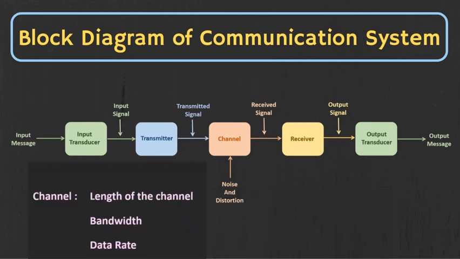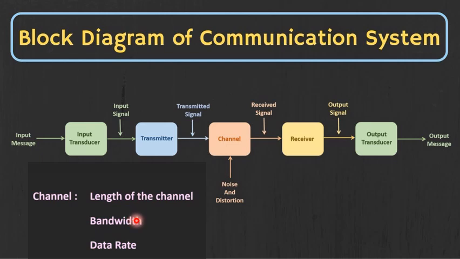From a transmitting medium or channel perspective, the following are the important specifications. The first is the length of the channel, or the distance over which the signal can be transmitted faithfully. Then another important specification is the bandwidth of the channel. It is the range of frequencies supported by the channel with reasonable fidelity.